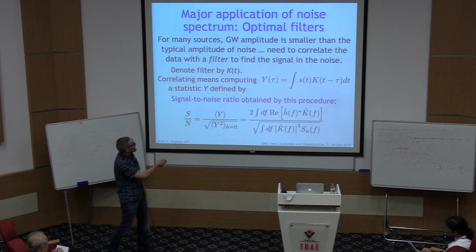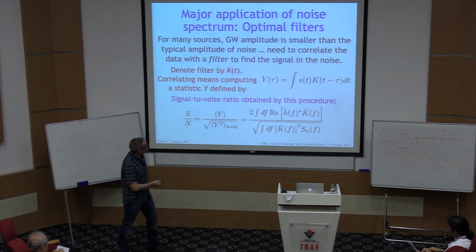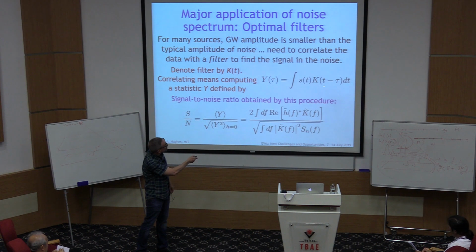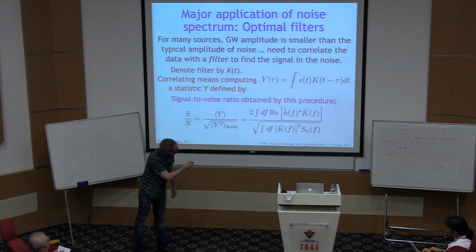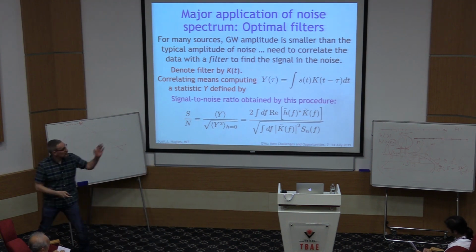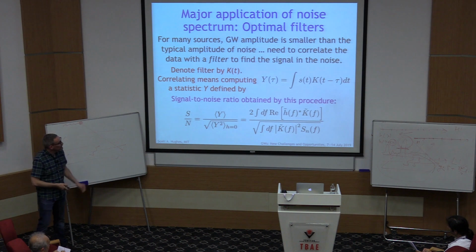I'm going to define a detection statistic, y of tau, to be what I get when I do a cross correlation of my data, which I will call S for signal, with this filter. That's my statistic. Now I'm going to define the signal-to-noise ratio.